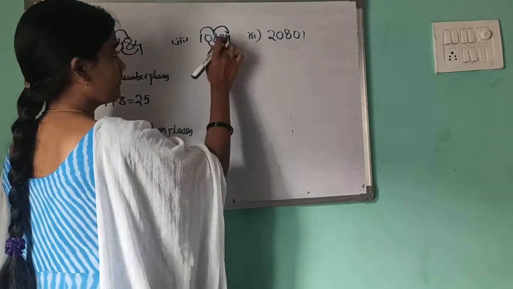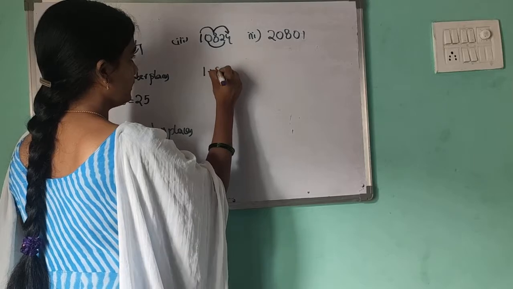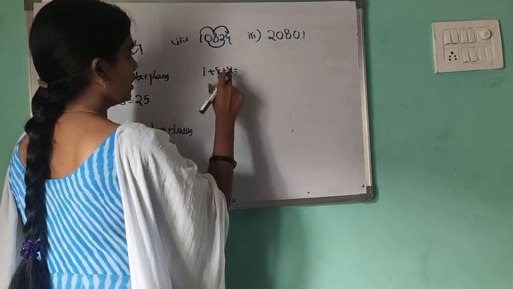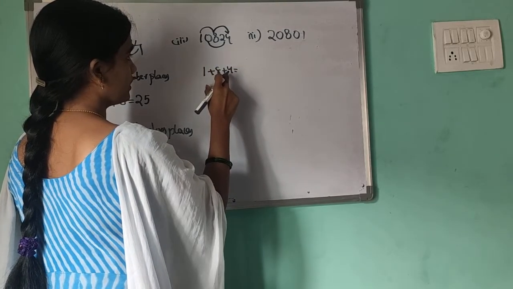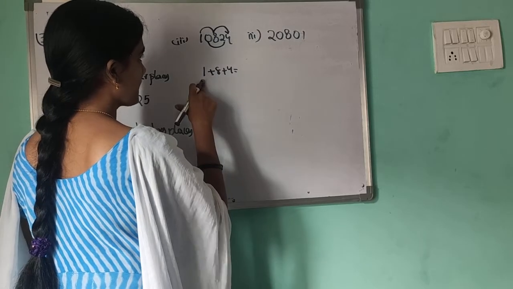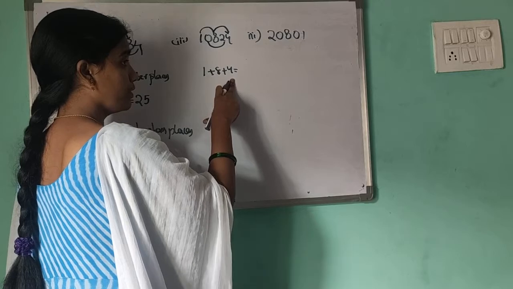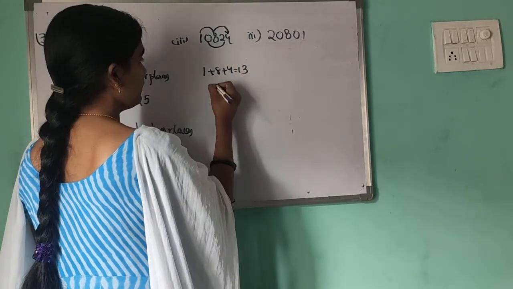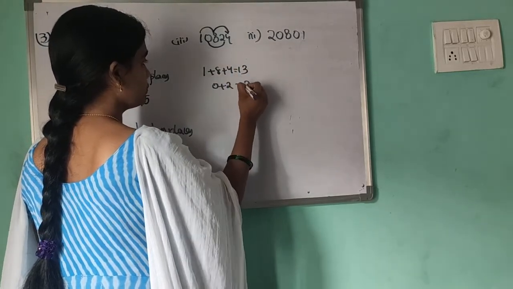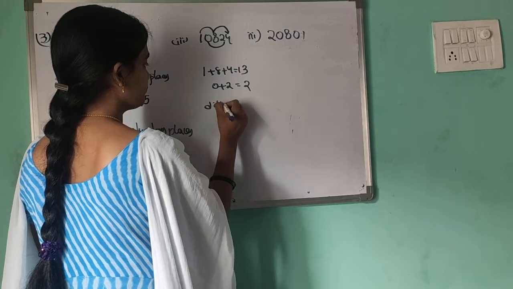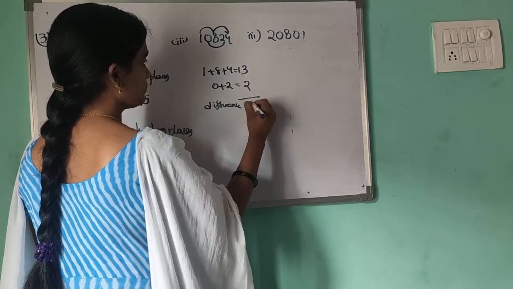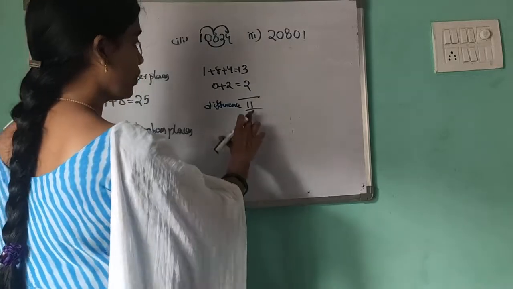Sum of odd places is 1 plus 8 plus 4, 8 plus 1 is 9, 9 plus 4 is 13. Even places: 0 plus 2 equal to 2. Difference is 11.